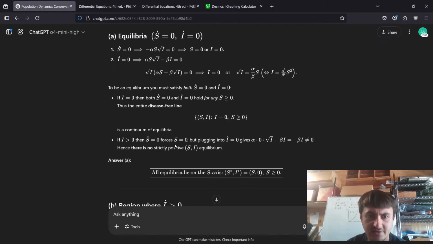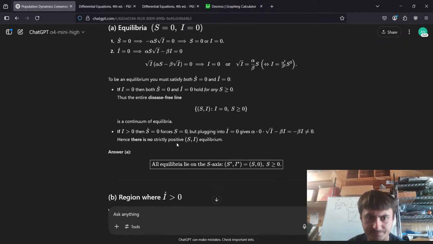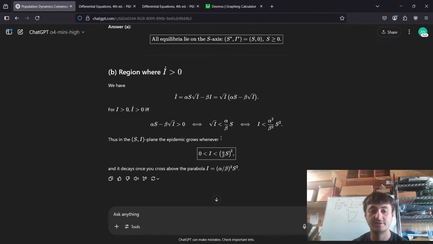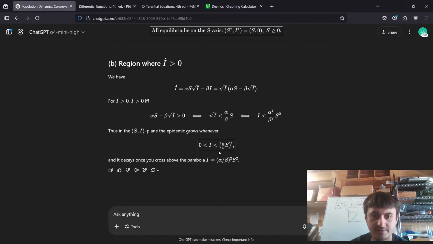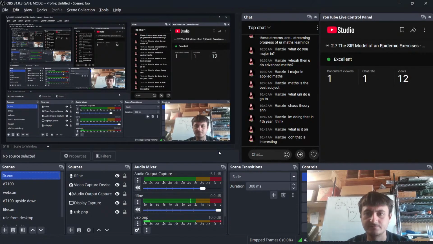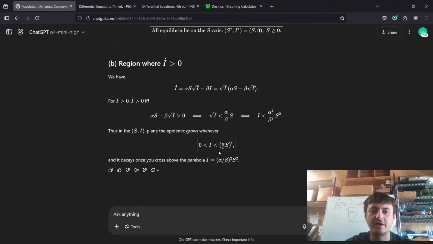If I is greater than 0, oh wow. Okay, so I did not do that right. All right. But I did do this right. If I is less than alpha over beta S, all squared, yeah, so that.